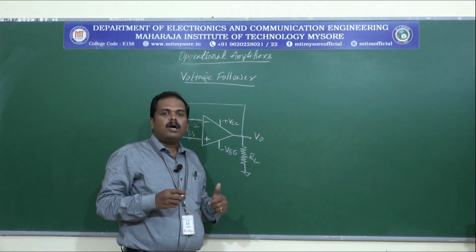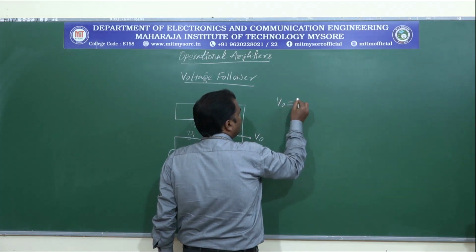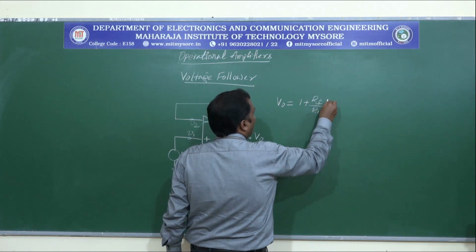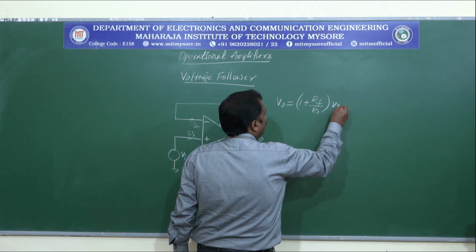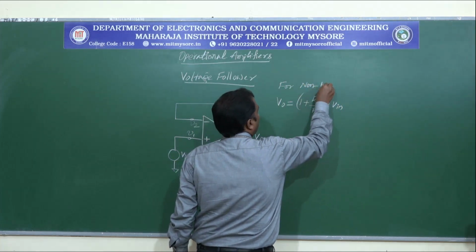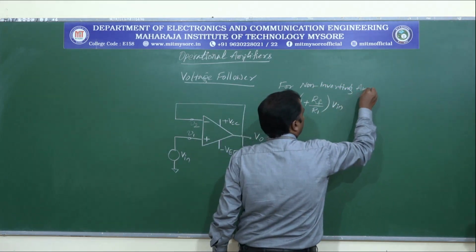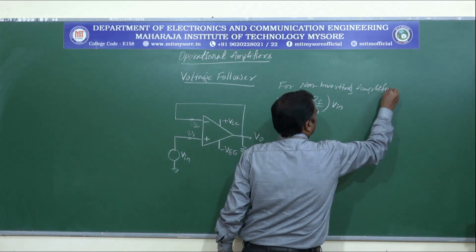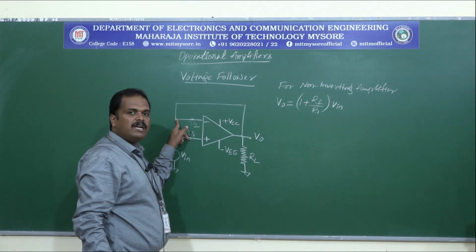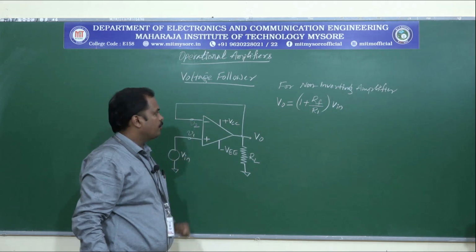And we know for a non-inverting amplifier circuit, output voltage V0 is given by 1 plus Rf by R1 into Vin. This is for a non-inverting amplifier. But in this case, as I indicated, the input element has been open circuited and the feedback element has been short circuited.